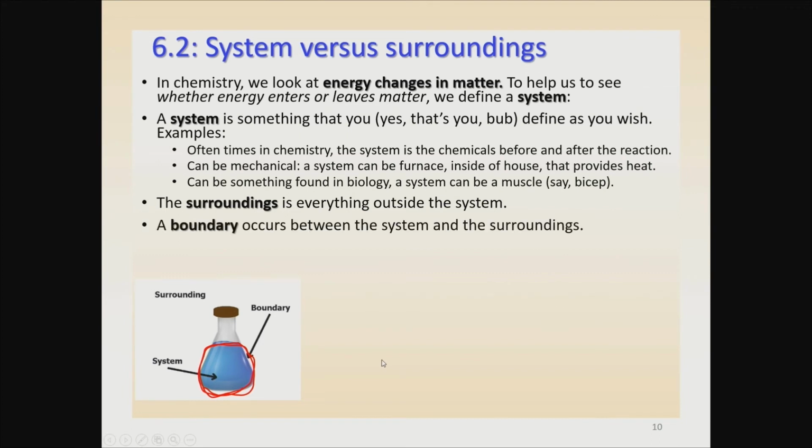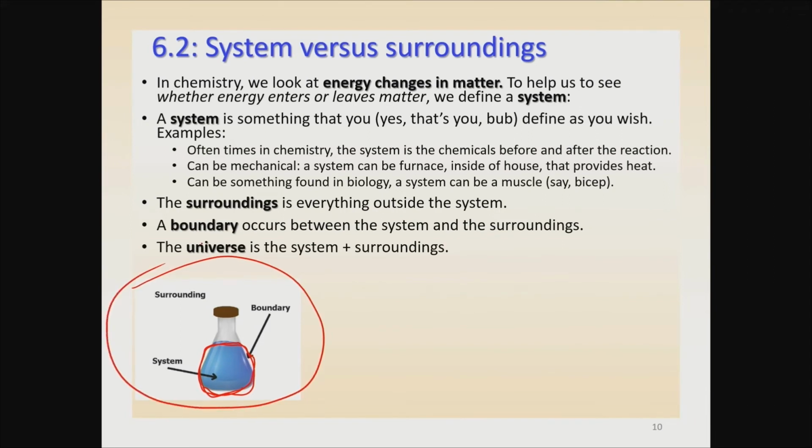Now, usually you can also arbitrarily define a boundary to separate the system from the surroundings. And here we have a flask that is a useful boundary in this case. And a final term that you need to know is the universe. The universe is just the system and surroundings all together.